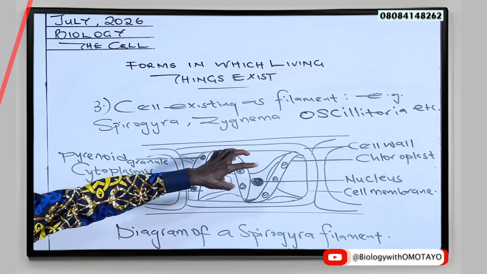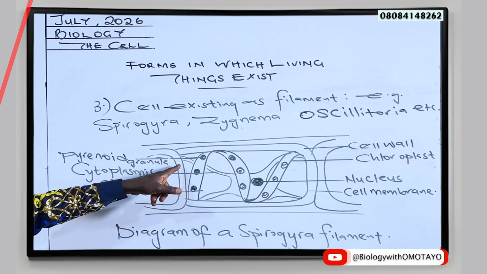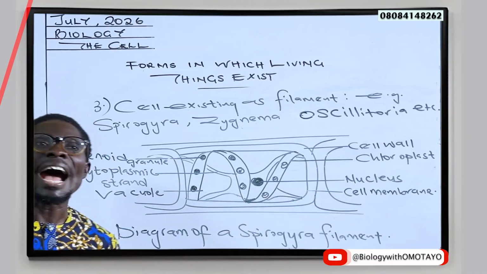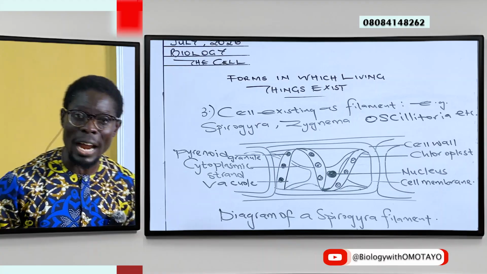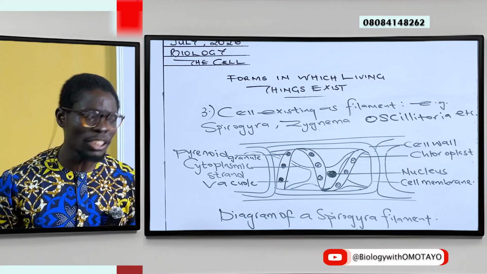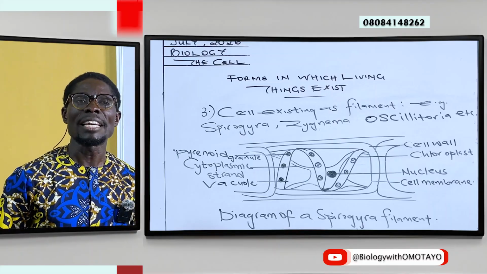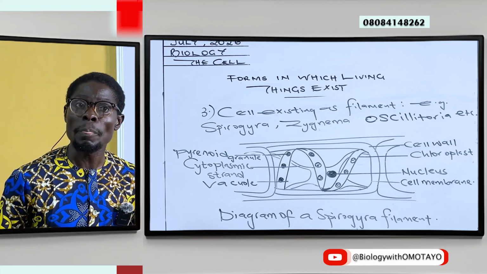So this is a singular organism. However, this organism is joined at the edge with another and joined at the edge with another, and this is continuous. So for this singular reason, since they are joined edge to edge at this level, we refer to Spirogyra as a multicellular organism.